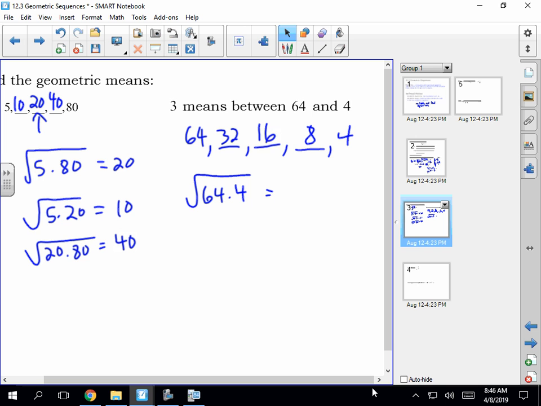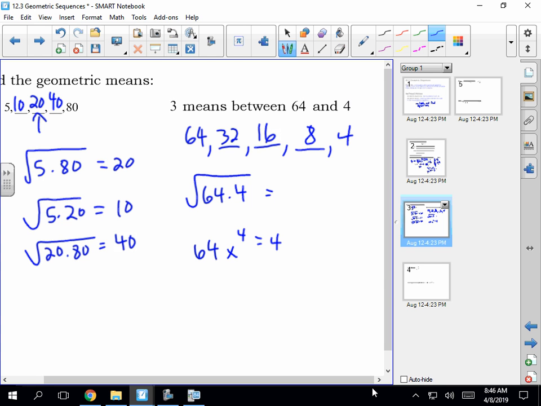So I'm multiplying it several times here. Another way to think about this is I have basically 64 times x to what power here? I'm multiplying by the same number each time, so it's 1, 2, 3, 4. So it's x to the 4th to equal 4.